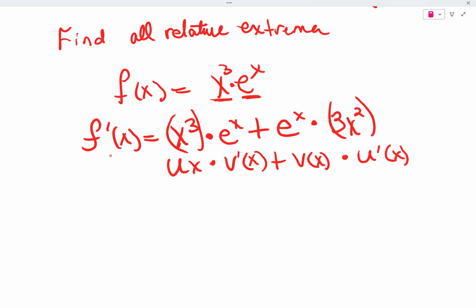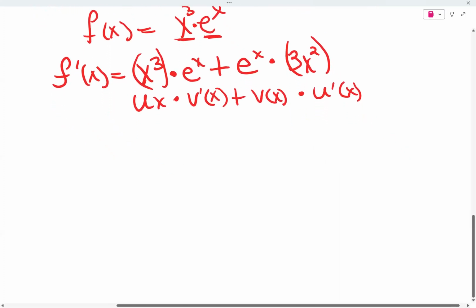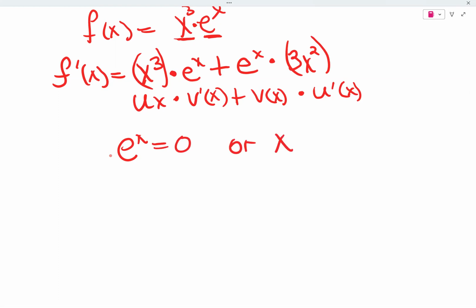Okay, now remember, we're using this to get the critical numbers. And so this gives us, for example, e to the x is equal to 0, or x squared is equal to 0.